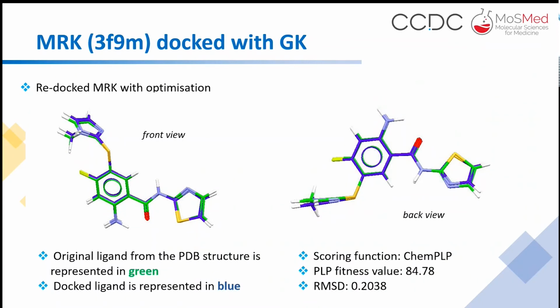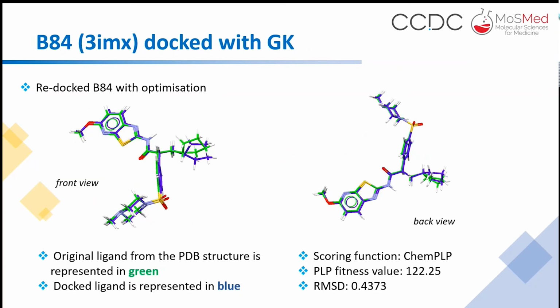The RMSD value was around 0.2, which is good because I wanted to be below 1 to have a good fit. Then I did the same for 3IMX, and again I was able to recreate the crystallographic ligand pretty well in GOLD, except for maybe this part, but the RMSD is still below 1, so that was good.